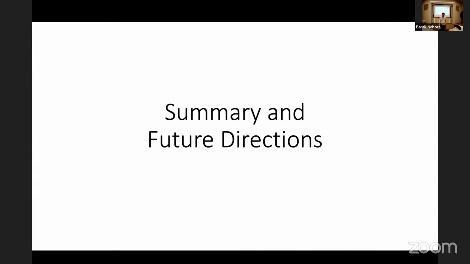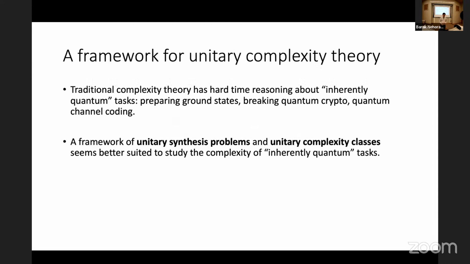Okay, so that's basically it. I won't have time to talk about black holes in this talk, but there also is a connection there. Let me just wrap up and summarize. I started off by saying I think we need a new framework for reasoning about unitary complexity theory, because traditional complexity theory has a hard time reasoning about these inherently quantum tasks.